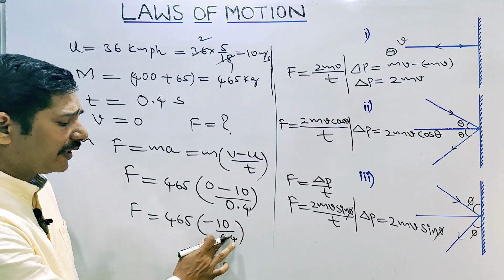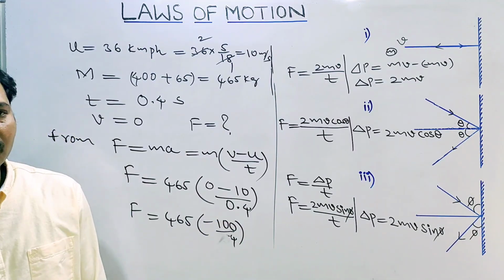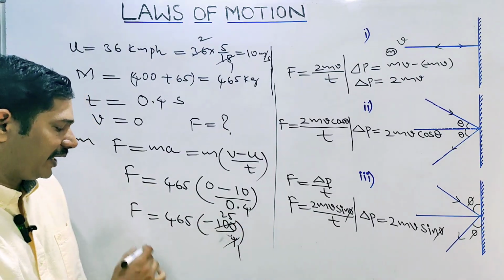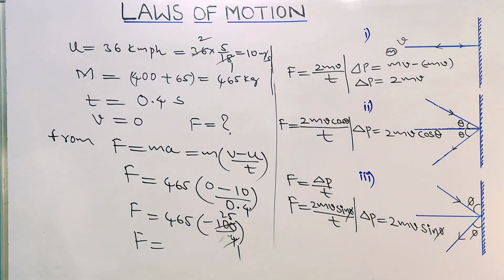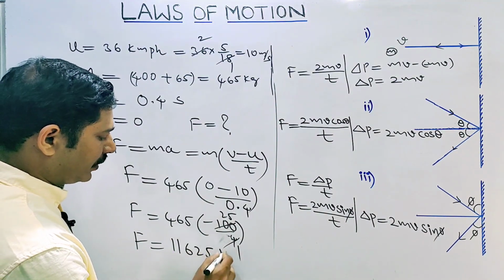If we remove the decimal, here 10 you can take, so 4 1 ja 4, 25 ja 100. So 465 into 25 you can multiply, and you will get 11,625 newtons.